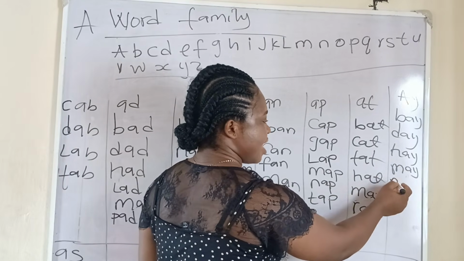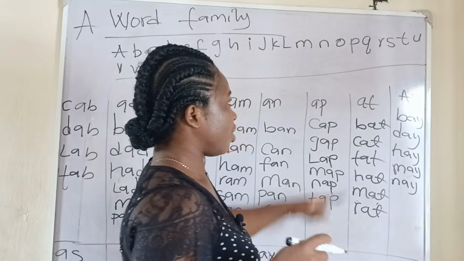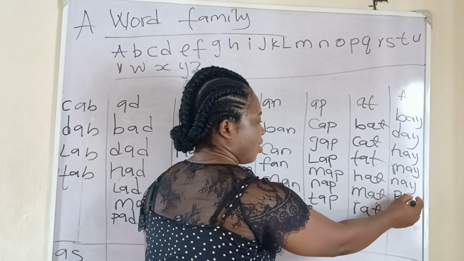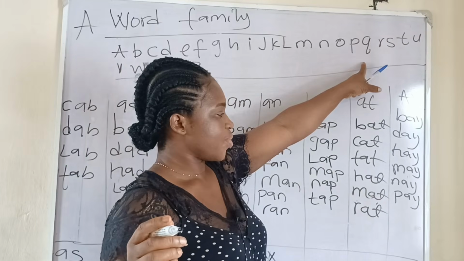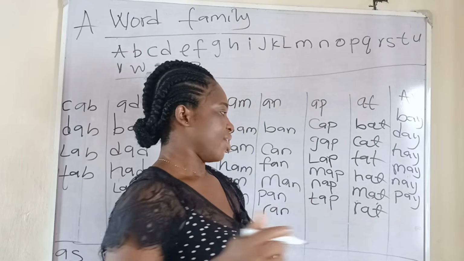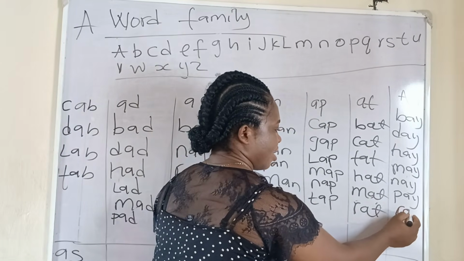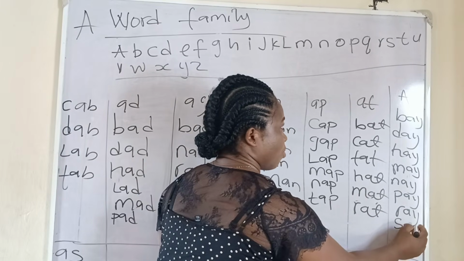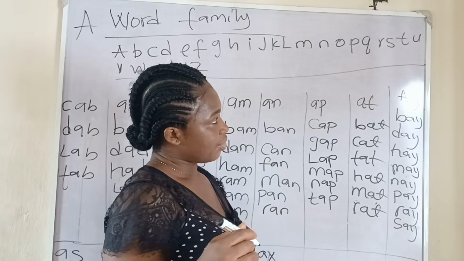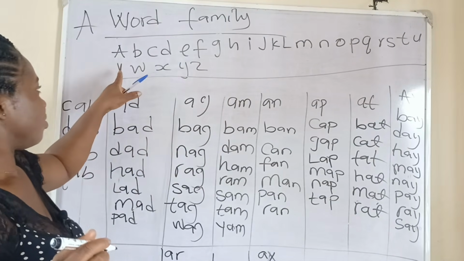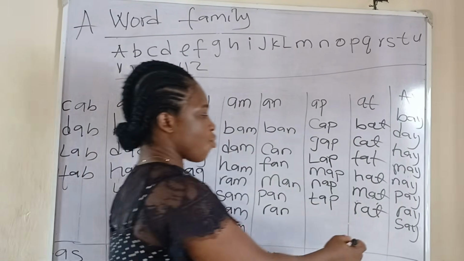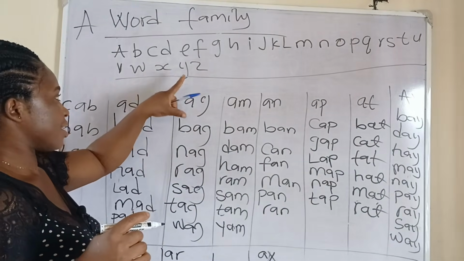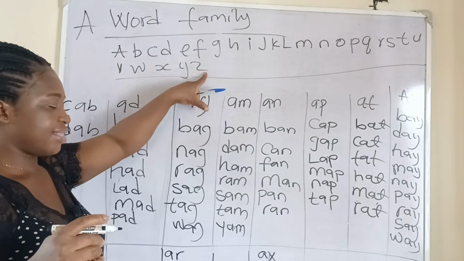The N, nay. We have the O, P, pay. We have pay. We have Q, R, ray. We have S, say. We have T, and we have U, V, W, way. We have way. We have X, Y, and Z.